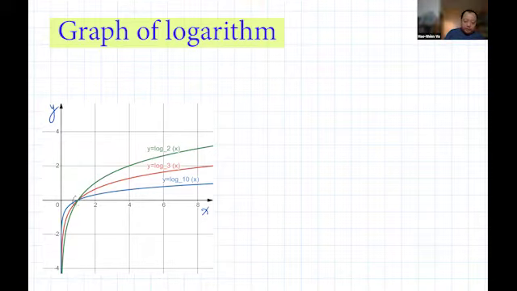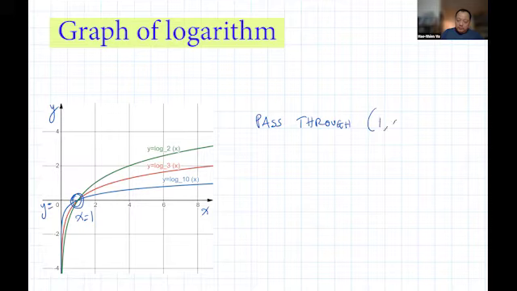First, you notice that all three graphs pass through the point x equals 1 and y equals 0. That is because the logarithm of 1, no matter what the base, is equal to 0. They all pass through the point (1, 0).